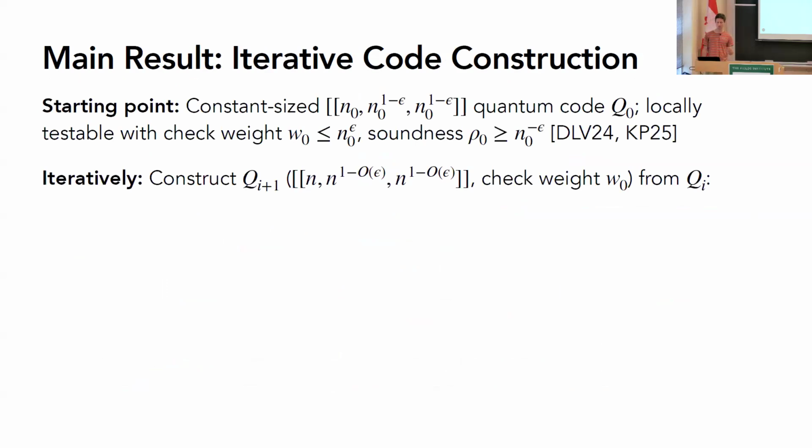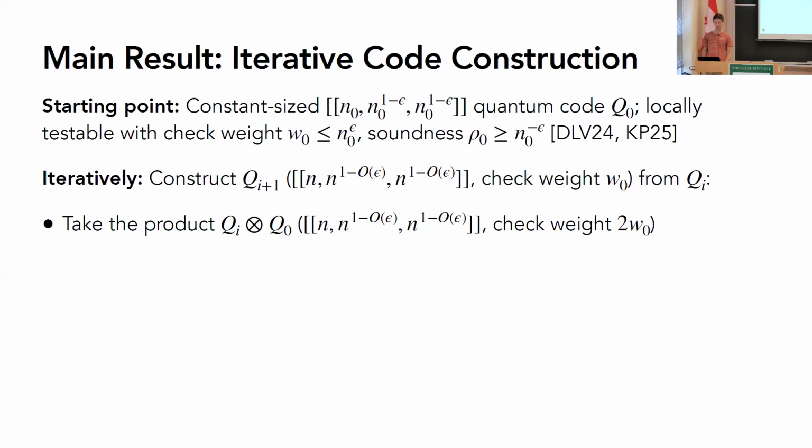Then iteratively, we start with Q naught and we construct each member of the family, Q i plus 1, from the previous member Q i by taking the product with our starting code Q naught. This will multiply the length, the dimension, and the distance by n naught or n naught to the 1 minus epsilon.